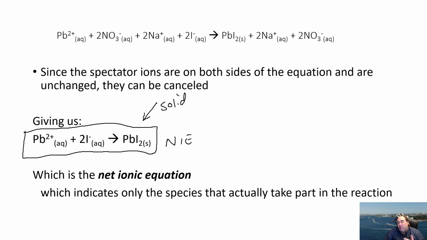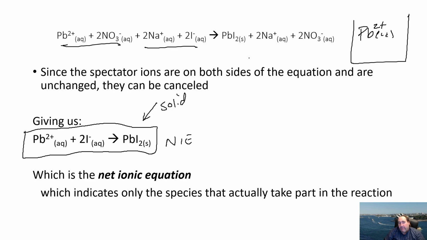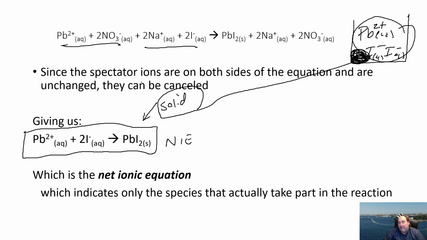So what is truly happening when you mix this solution with this solution in that beaker is the lead ions from the lead 2 nitrate are going to go find the iodide ions from the sodium iodide, and they are going to come together to make this yellow solid. I guess that's not so yellow there in my color, but we'll make this yellow solid in this reaction.